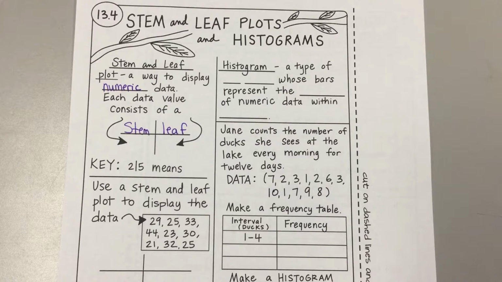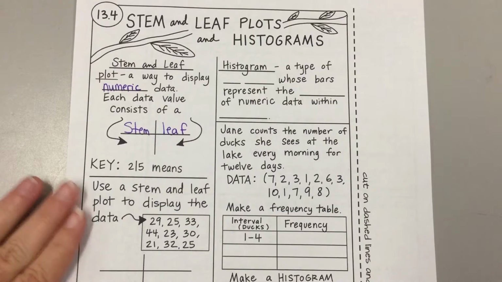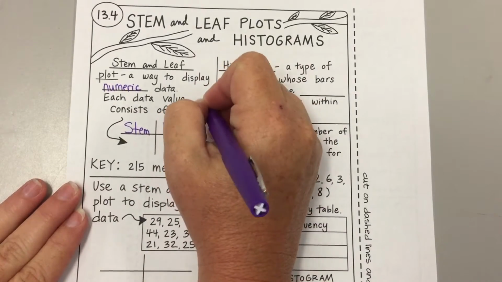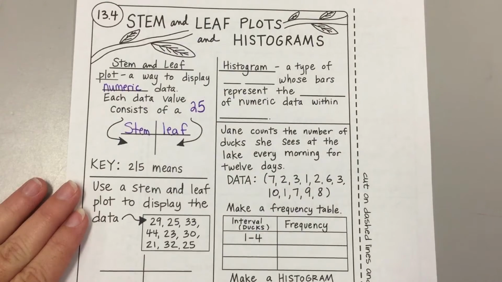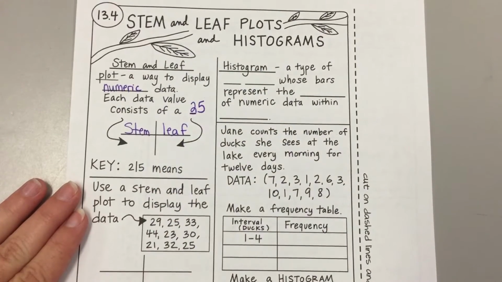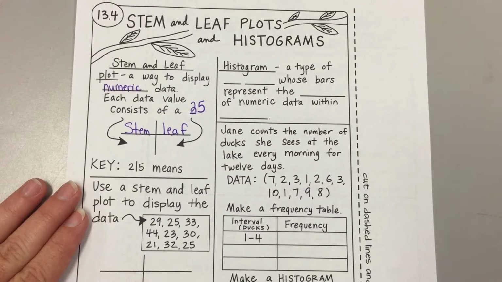So the way I'm going to do it is, for example, if I had the number 25, my stem is going to be my tens value. It may end up being my hundreds value or whatever, it just depends on the data that you have.